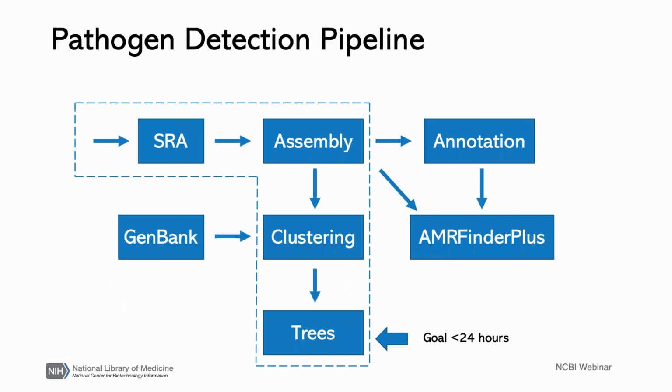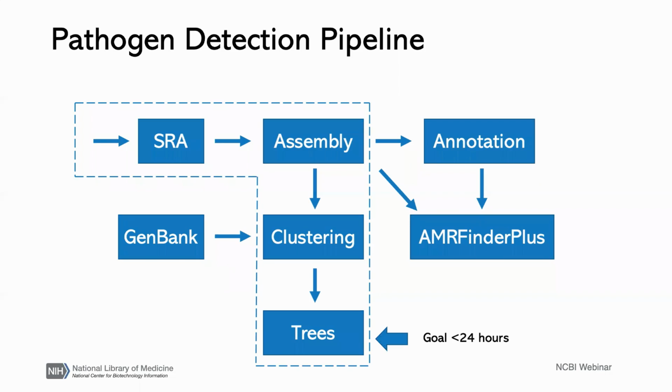A very brief overview of the pipeline is that we take the whole genome shotgun sequence data from the SRA and we assemble it with our in-house developed assemblers that I'll tell you a little bit about in a moment. And then we cluster those assemblies by comparing them to all the other assemblies for the same taxonomic group in our system, as well as any other assemblies we can find for the same taxonomic group in GenBank.